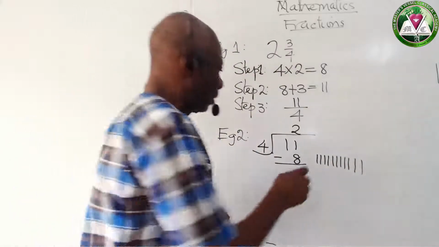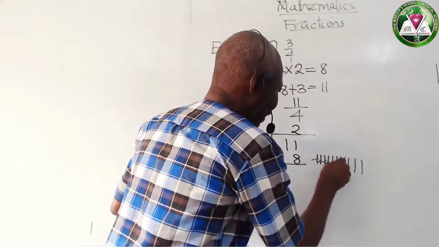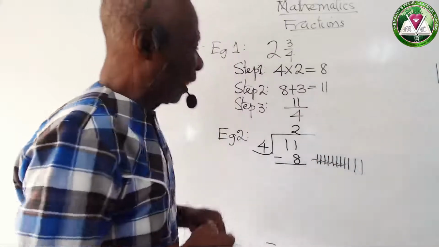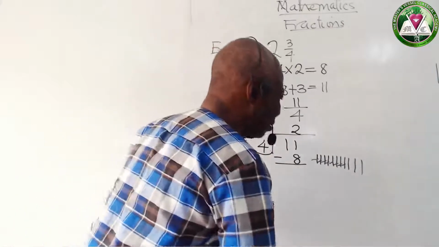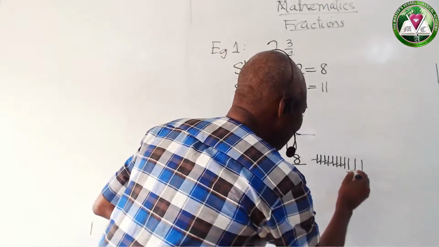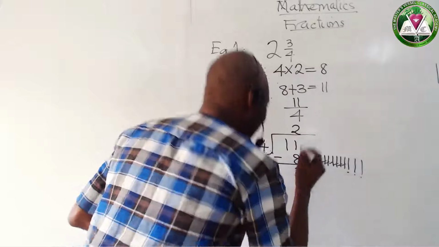You are taking away 8. 1, 2, 3, 4, 5, 6, 7, 8. Ask yourself, what is remaining? The ones that were not crossed. Come under and count it. 1, 2, 3. Okay. So what remains here is 3.